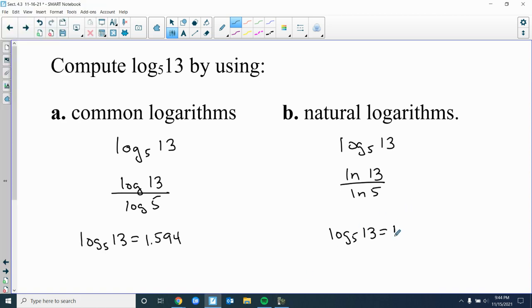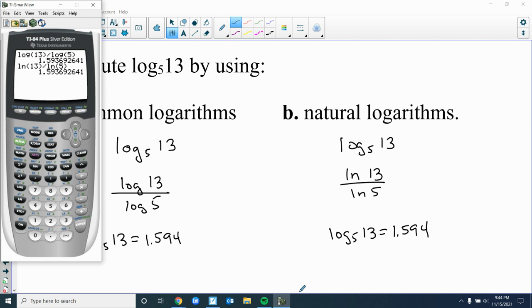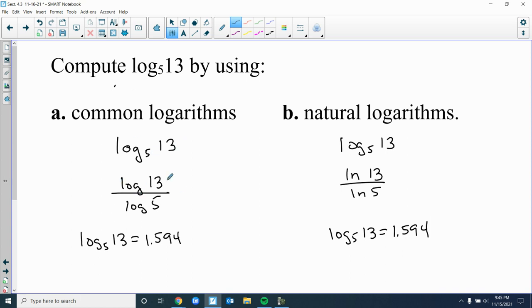And I get 1.594 for that. Now, those of you who have the new calculator, which is the vast majority of you, you just hit math and then you go to the log base, it will spit it out. There will be certain situations where you need to know this case anyway. So don't assume because you have that you can just ignore this. You still need this.